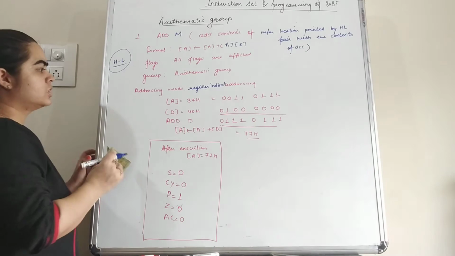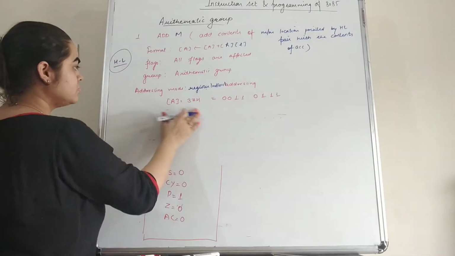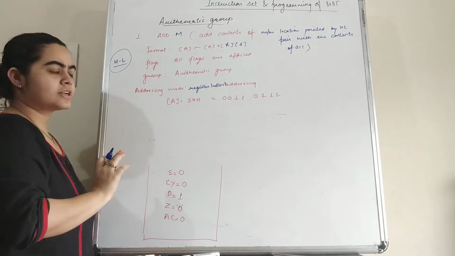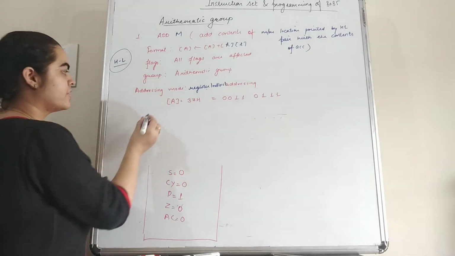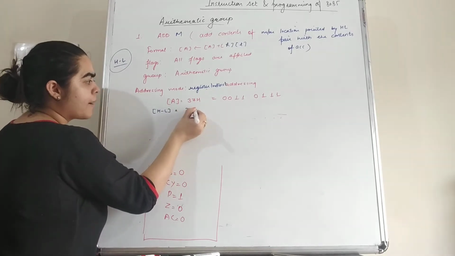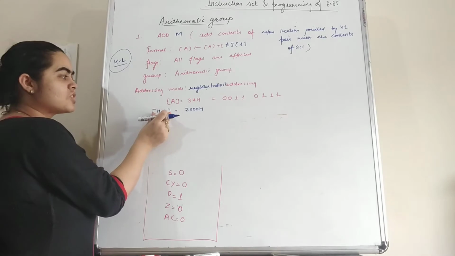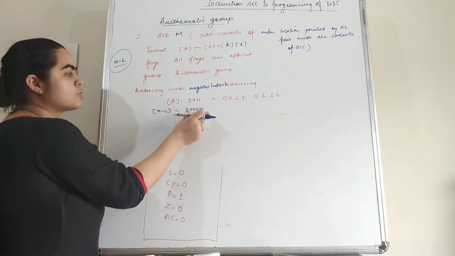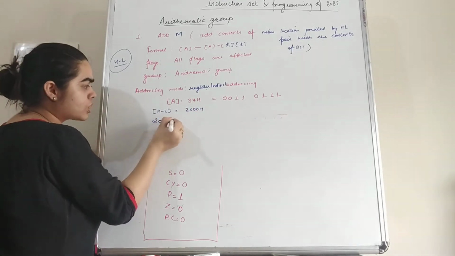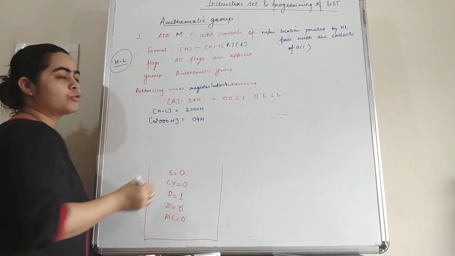Now see students, with this example, suppose the value of the accumulator remains the same, that is 37H, and the HL pair points to the memory location 2000H. So the HL pair has address 2000H, and at the 2000H location we have the contents 04H.